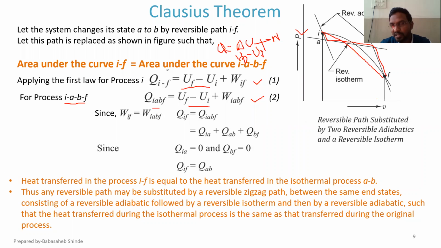And this is a PV diagram. So in case of a PV diagram, area under the curve represents work. So if the area under the curve IF is the same as the area under the curve IABF, then I can say that WIF is equal to WIABF.